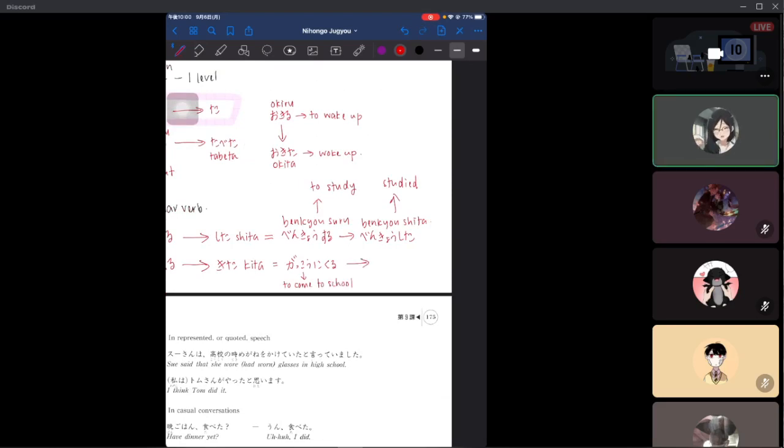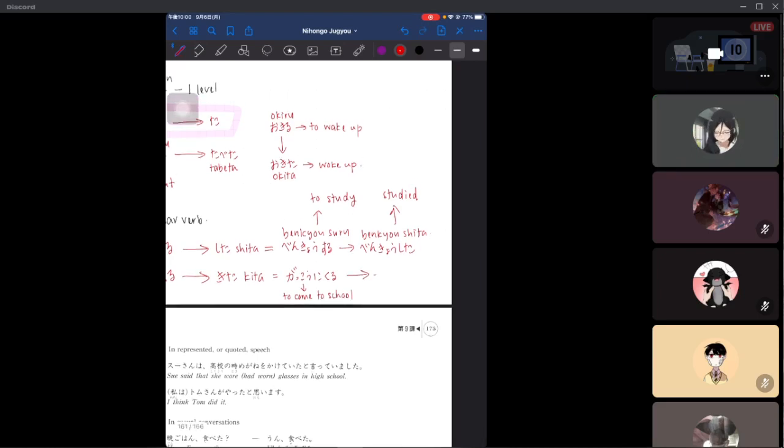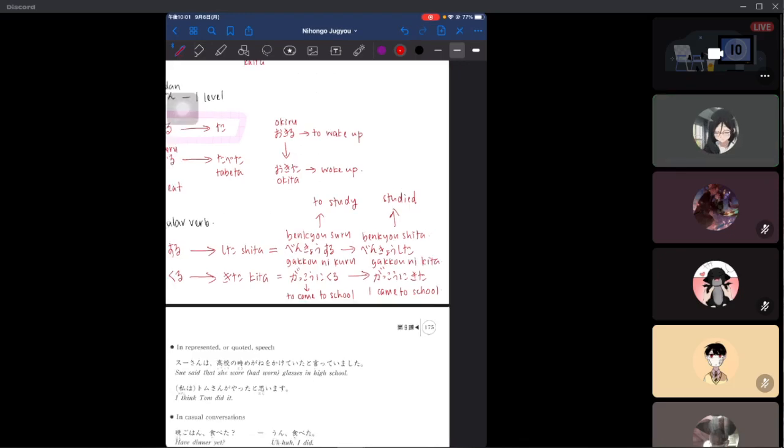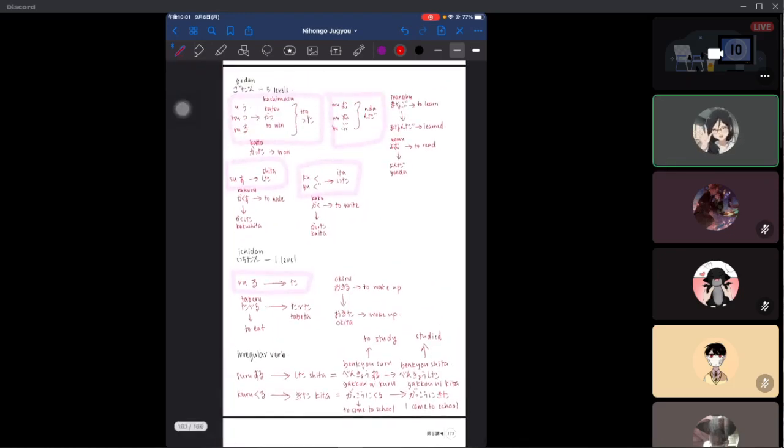If you conjugate it into past tense, the 来る part you just change to 来た. 学校に来た. Basically, I came to school. So that is how you conjugate for irregular verbs.